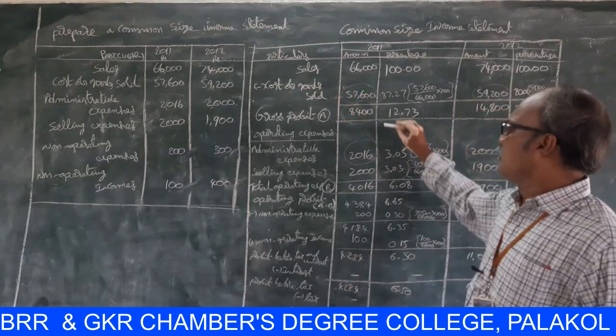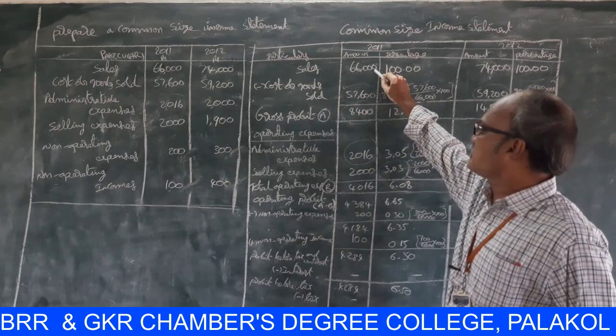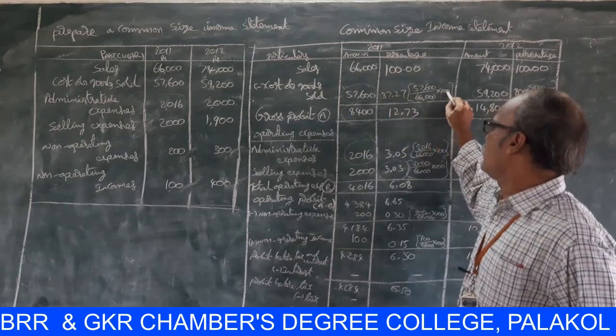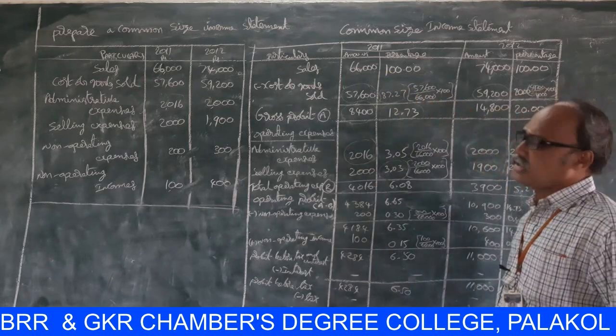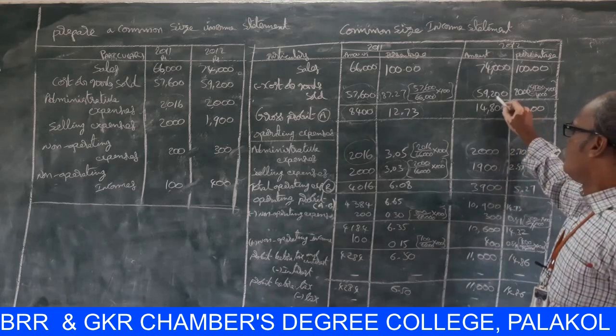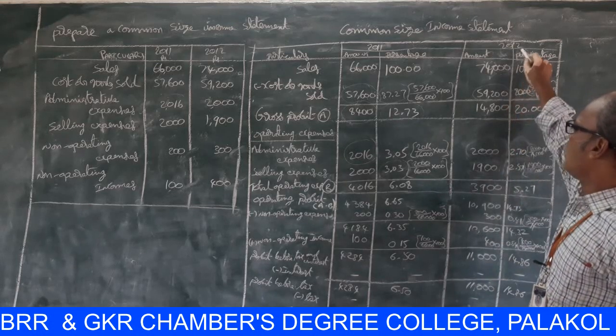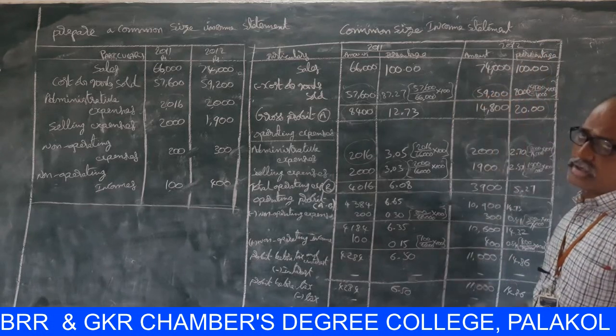That's why 57,600 by 66,000 into 100 is equal to 87.27.